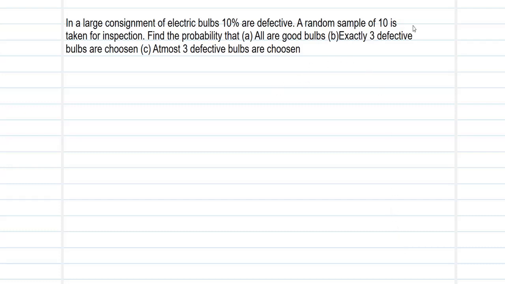So in this case we see that a sample of 10 pieces is going to be chosen for investigation. So n, the number of items to be investigated, is equal to 10, and since n is less than 20, we choose binomial distribution for this particular problem.